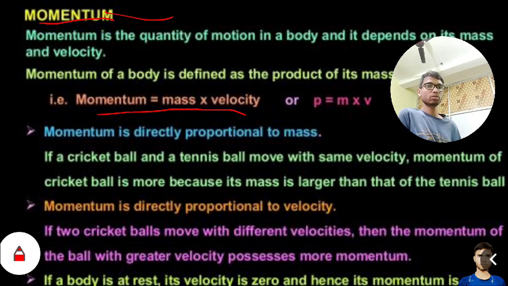Velocity is zero, then momentum will be zero. So momentum is equal to mass multiplied by velocity. If velocity is zero and mass is 12, then 12 multiplied by 0, momentum will come as 0. That's it.